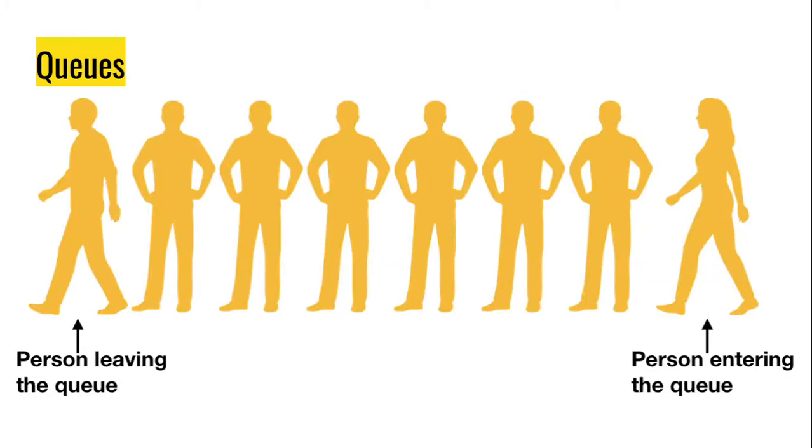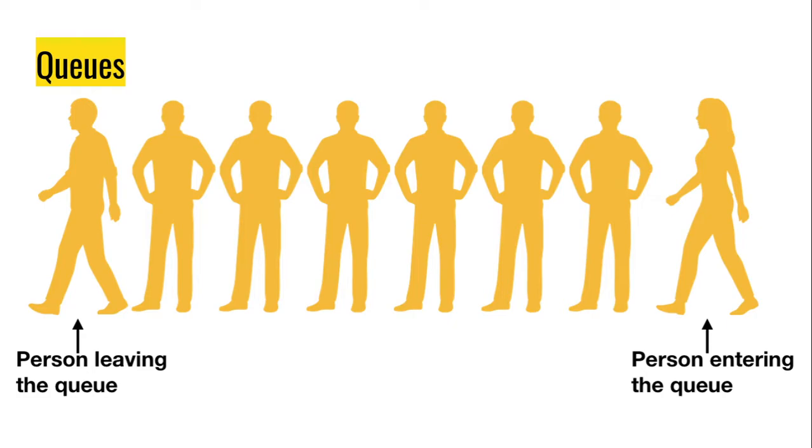So this is a visual example of a queue. It's basically a waiting line of objects. In this case, this is a queue for people. At this part is the front end of the queue, and this is the first person that will leave the queue because he or she is the one who entered the queue first.